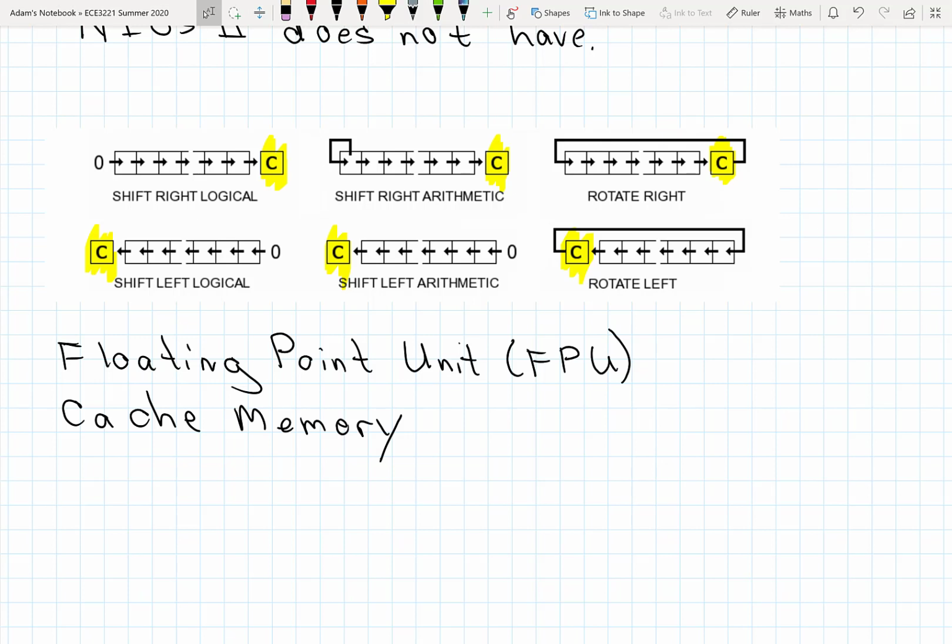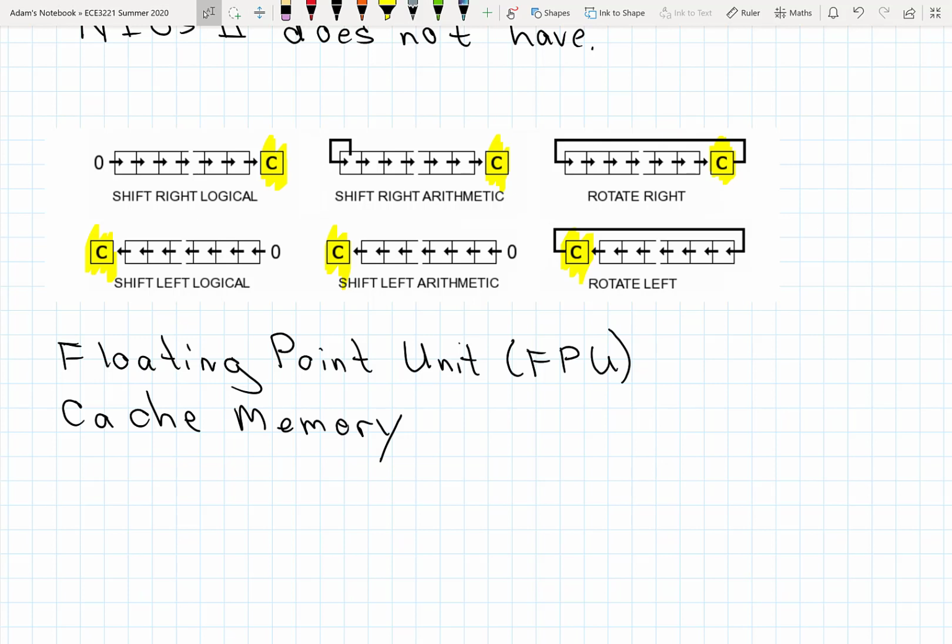Okay, so a couple other things, and we've touched upon a little bit topics like multiple buses. We saw some examples of multiple data buses in the PIC microcontroller, and that's just a low-end processor.